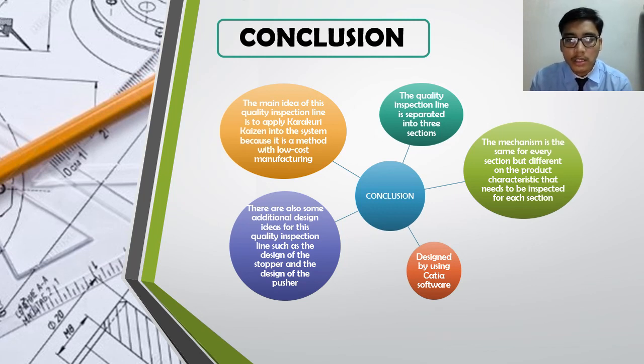The overall design for the quality inspection system was also successfully designed by the CATIA software. The additional design ideas like the stopper and pusher were also successfully designed by the CATIA software, and the main idea of this quality inspection line, to apply Karakuri Kaizen into the system, has also been done.